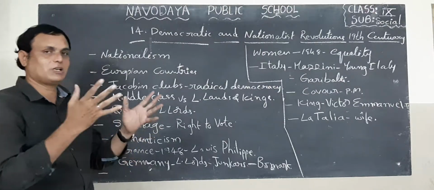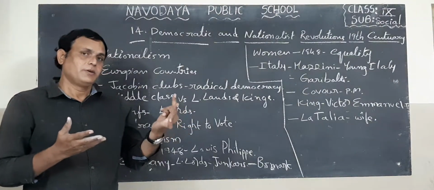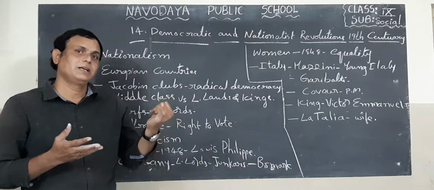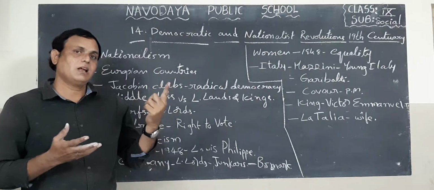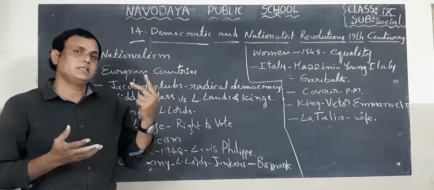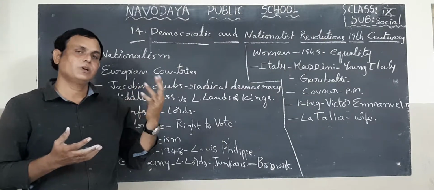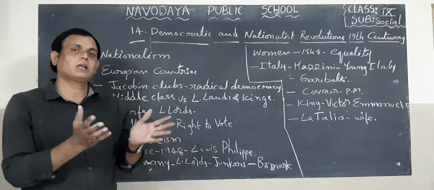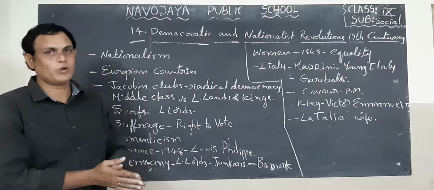For example, Portugal, Spain, France, Germany, Austria, Serbia, Netherlands, Norway, Sweden, Finland, Denmark, Greece, Italy. These are all the countries located in the European continent.